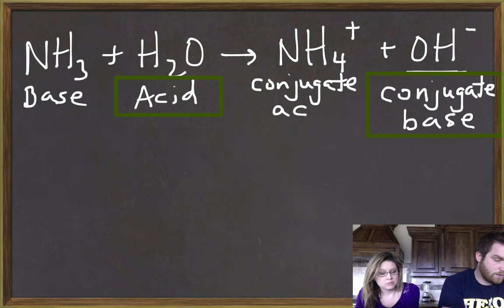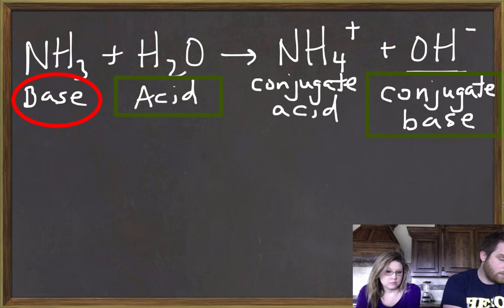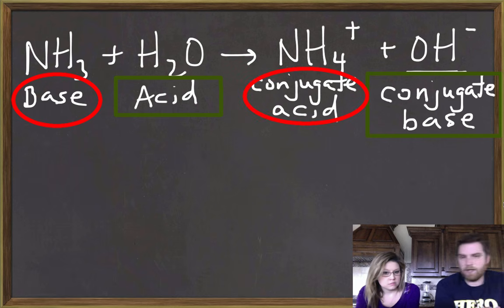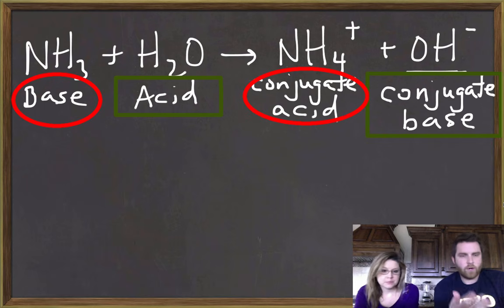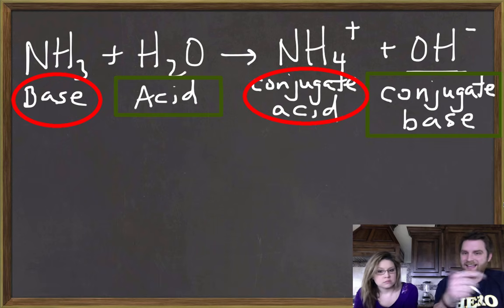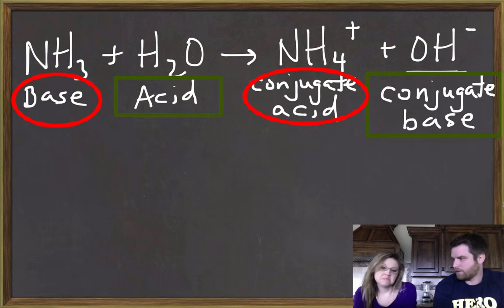Opposite of base is acid. So as you can see, that base became a conjugate acid because now it has a proton that it can donate. So it went back the other way. So the base becomes the conjugate acid, and the acid becomes the conjugate base. Easy enough.